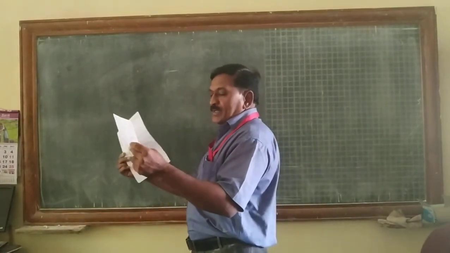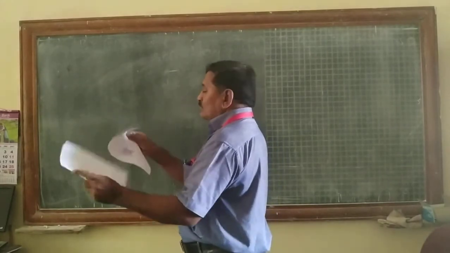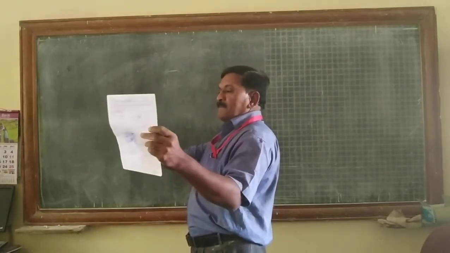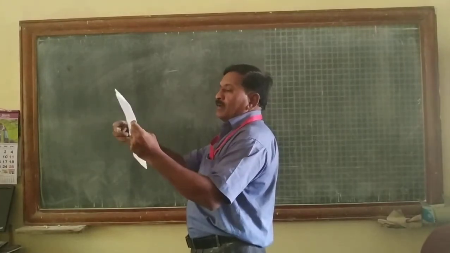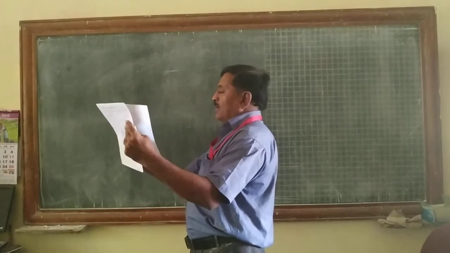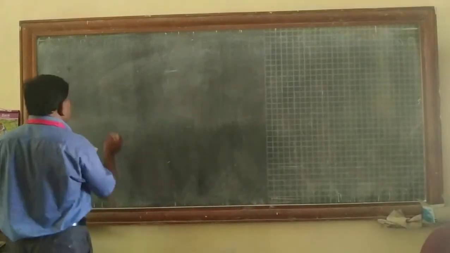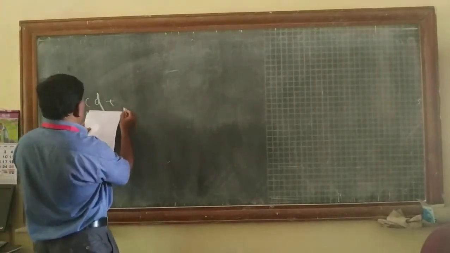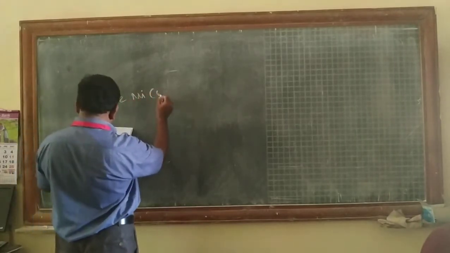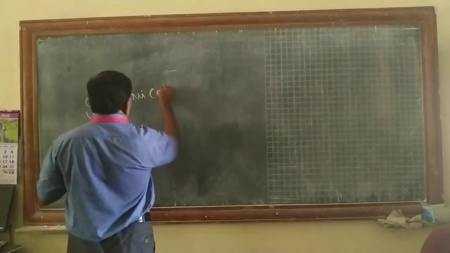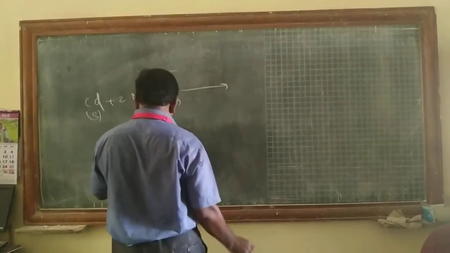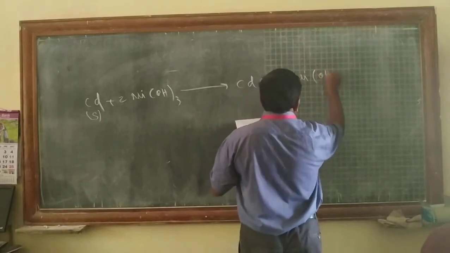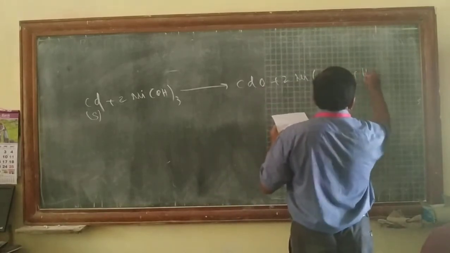Okay, so next is the cadmium cell. The overall cell reaction is cadmium solid plus 2Ni(OH)3, this is nickel hydroxide, to give cadmium oxide plus 2Ni(OH)2 plus H2O liberated.